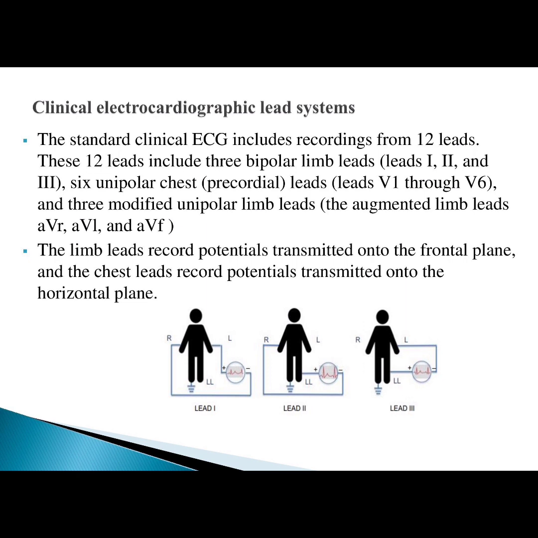The limb leads record potential transmitted onto the frontal plane, and the chest leads record potential transmitted onto the horizontal plane. So it shows the lead 1, lead 2 and lead 3 structures. Usually the right leg is considered as a reference.